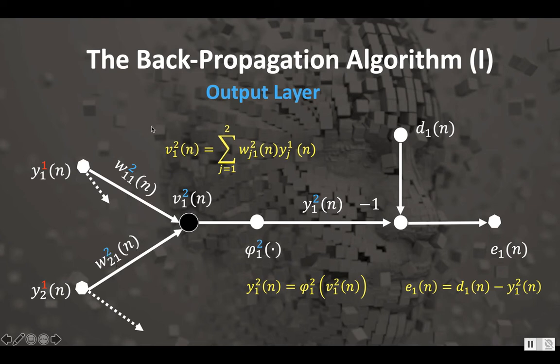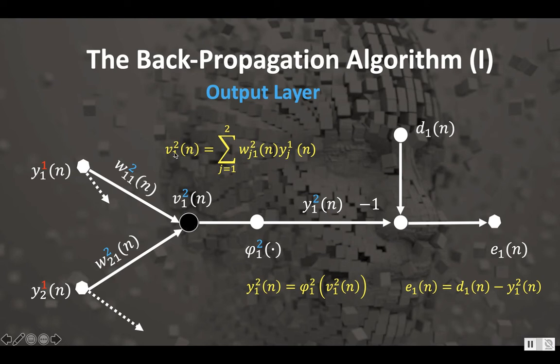You can write it as a general equation like this: V21 equals the summation over j from 1 to 2 of Wj1 multiplied by Y1j, where j means the j-th input, 1 means the first neuron, and 2 means the second layer, the output layer, multiplied with Y1j, which could be Y11 and Y12. So this is the output of this processing unit.